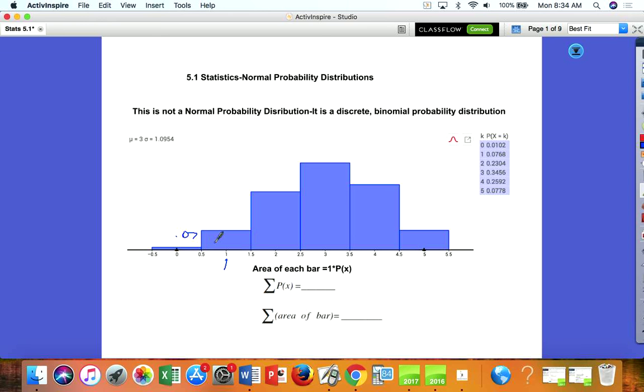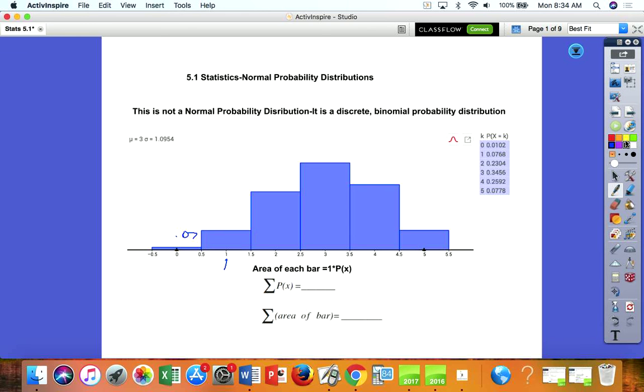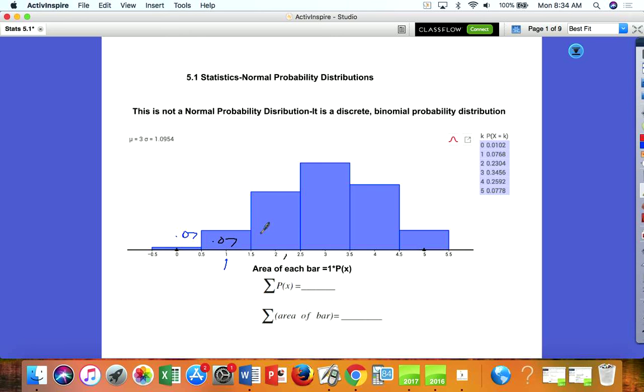So the area of this is 0.07. This is a width of 1, and this is the probability of 0.23. So this is an area of 0.23. So what do you think these areas add up to? 1. Okay. So the sum of the areas is 1 because the sum of the probabilities is 1.